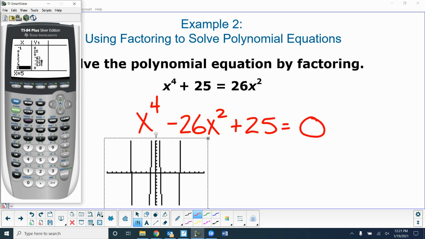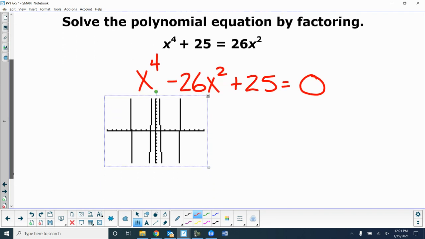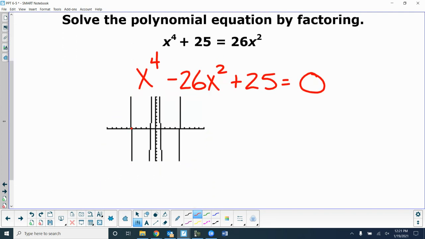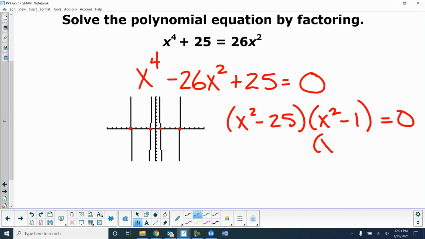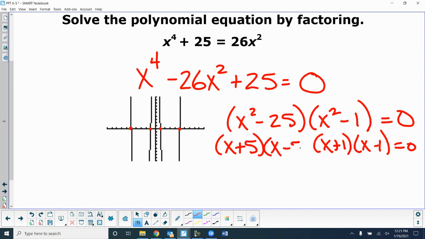So from your table to make sure, it's pretty easy to see that this is -5, that's -1, that's +1, and that's +5. Okay, if I were to factor this, it would be x squared minus 25 and x squared minus 1, and then x plus 1 and x minus 1, and x plus 5 and x minus 5.